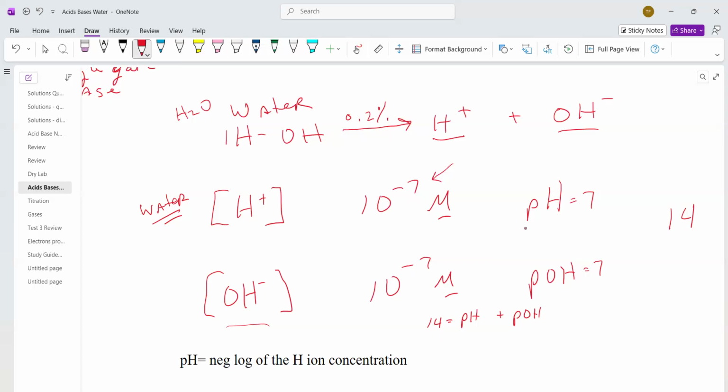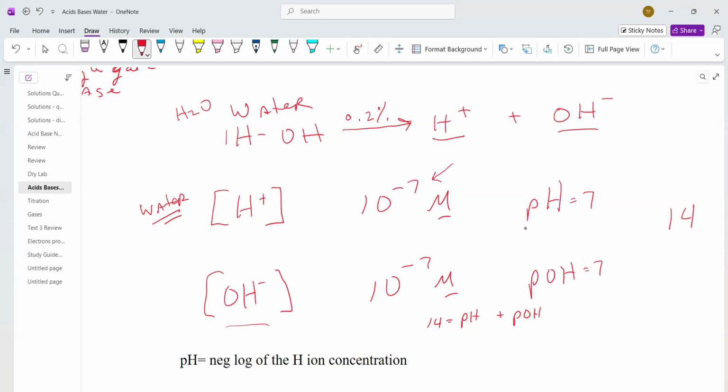Now, we're not going to do pH calculations in here, but this is the definition of pH. It's the negative logarithm of the hydrogen ion concentration. That means you have to use your log key on your calculator. And it's the negative log. So low pH is acidic, high pH is alkaline or basic.